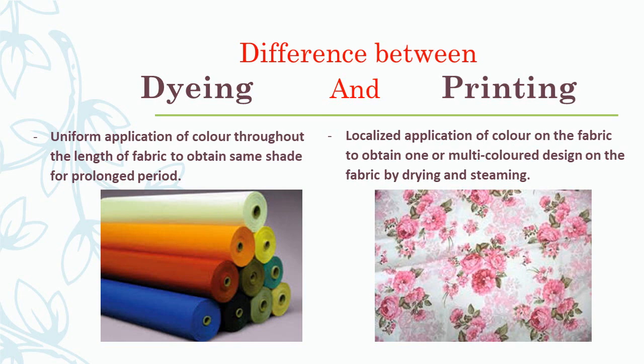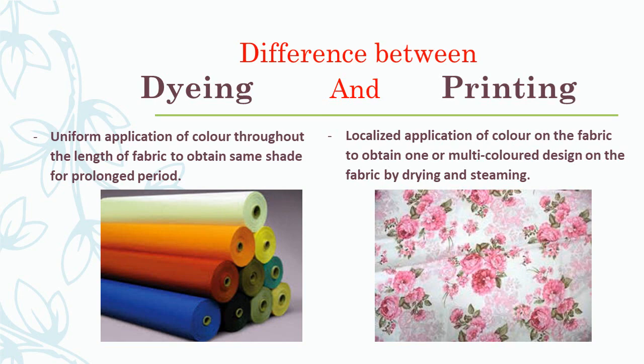It is localized application of color on the fabric to obtain one or multicolored design on the fabric, followed by drying and steaming. So we are applying the color in a localized way. Here in the image you are finding a rose flower design. In that case we are observing a variety of colors or depths of pink color itself.